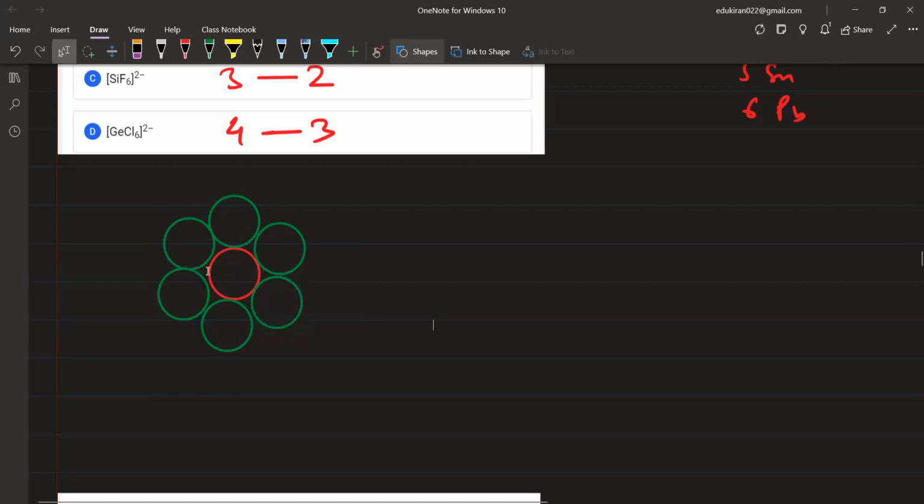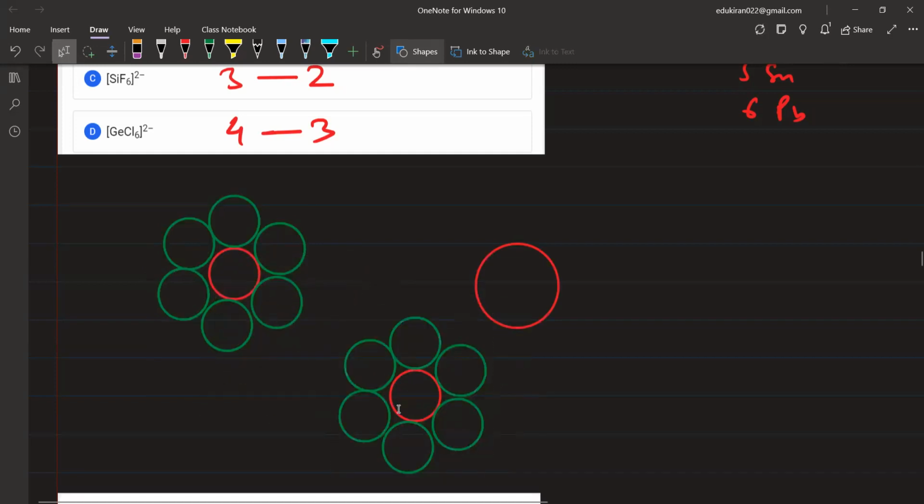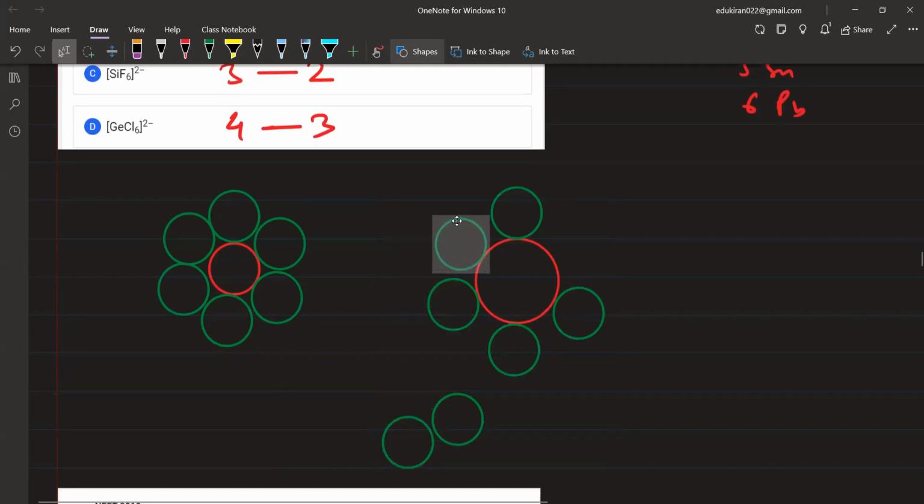ठीक है, now this becomes cumbersome. लेकिन अगर हम यही चीज को क्या करते हैं, if I increase the size here, and then I added these atoms, ठीक है, so this can easily accommodate 6 atoms.